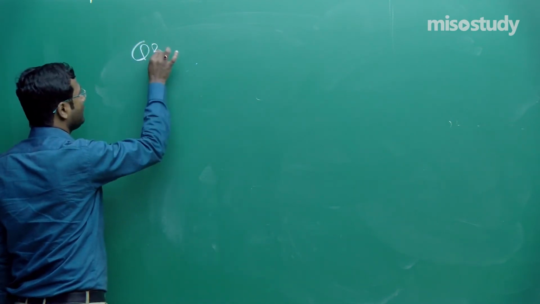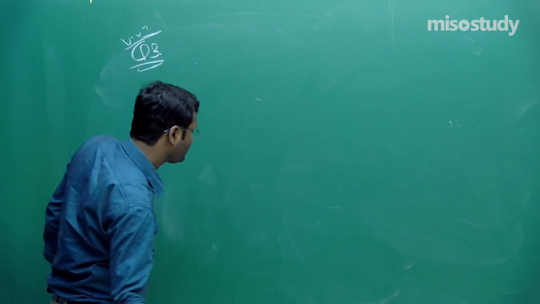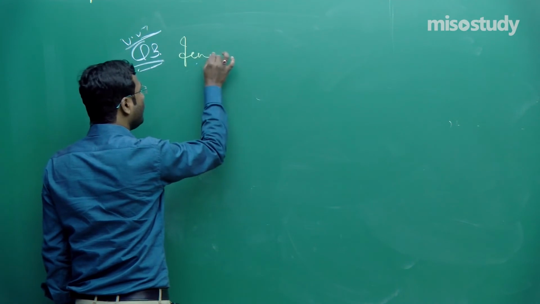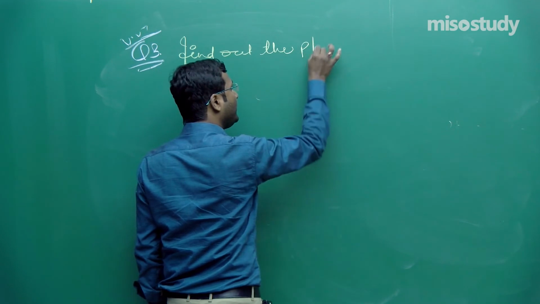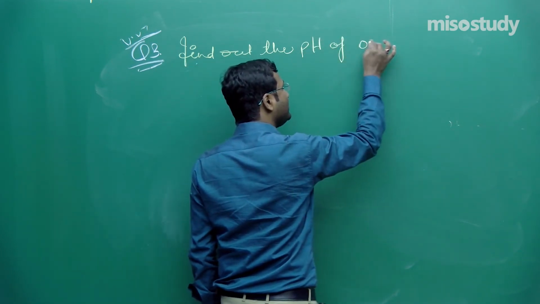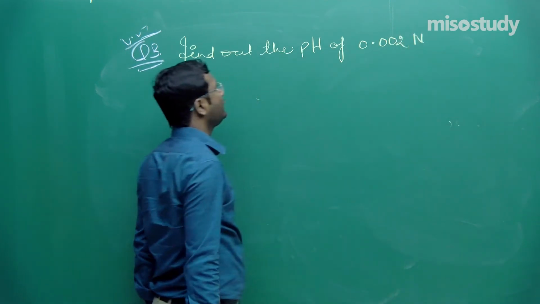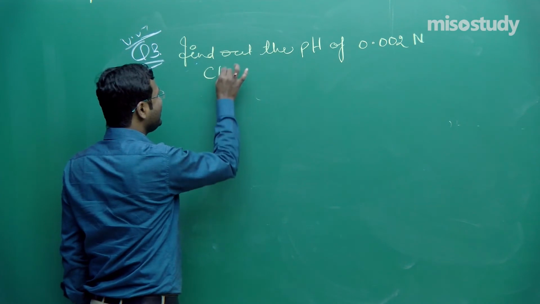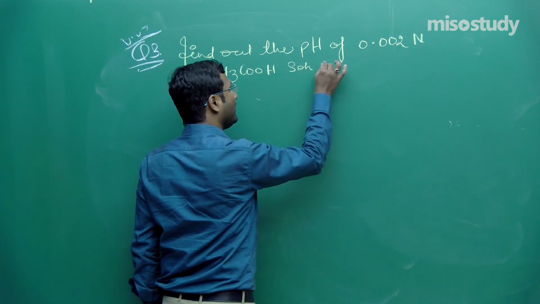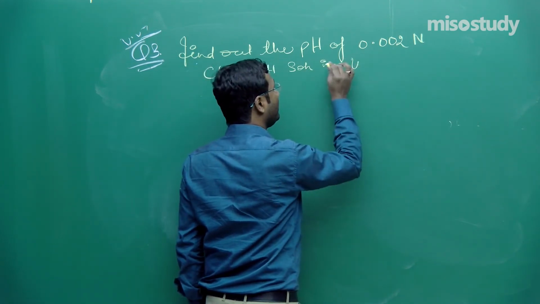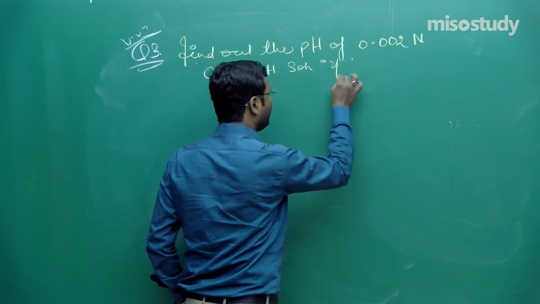The next question, question number 3, it is VBI. The question is very simple. Find out the pH of 0.002 normal CH3COOH solution if the ionization is 2%.